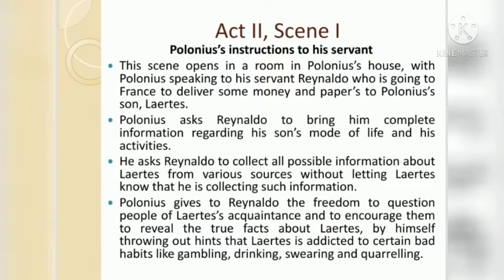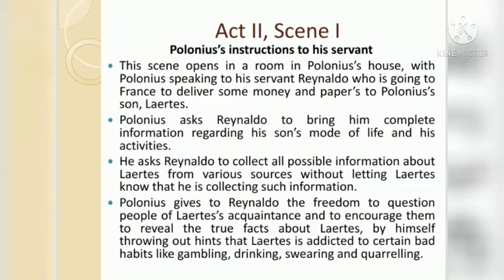He asks Rinaldo to collect all possible information about Laertes from various sources without letting Laertes know that he is collecting such information. So Polonius doesn't want his son Laertes to know that he is inquiring about him.